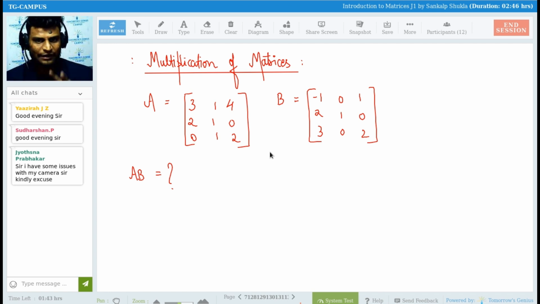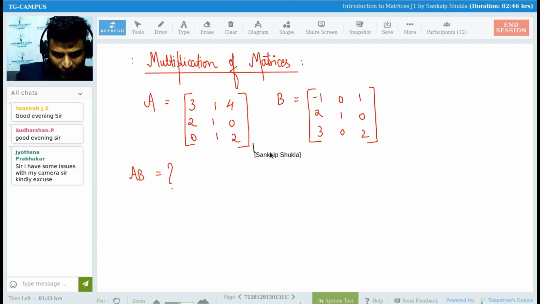So I would like to tell you that before we multiply matrices, we need to check whether the multiplication is possible or not. This is very important to know, because only then can you proceed with the multiplication, right? So how do we check this? For that we will write the order of both the matrices.